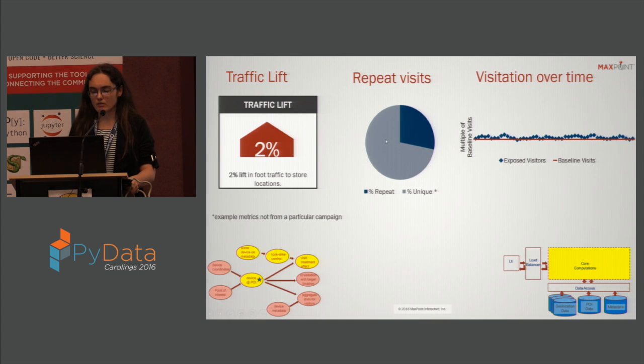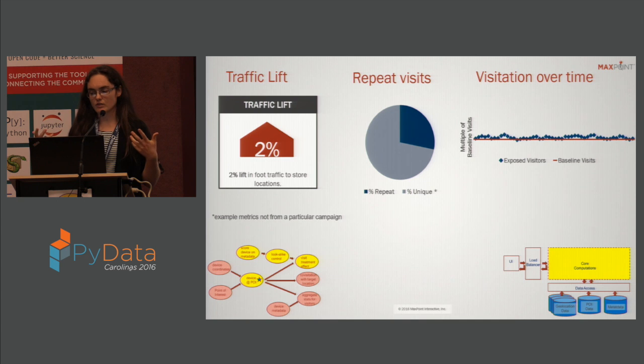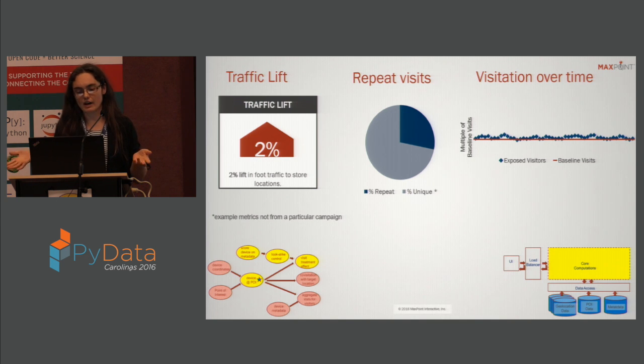You can talk about repeat visits and compare it between the test and control users as well. You can say my test users are more likely to come back to the store at this rate, and the control users are at a different rate. So you can tell a story there. You can also compare their visitation over time. And these are basic aggregations after you have your test and control group that you can compare.